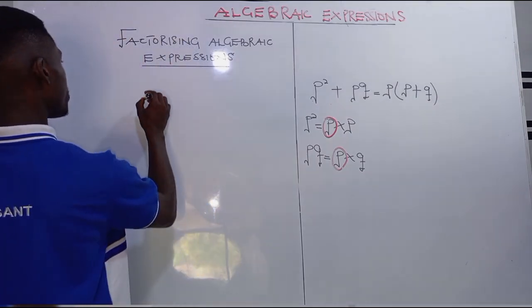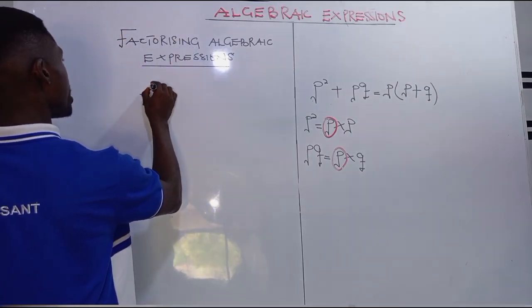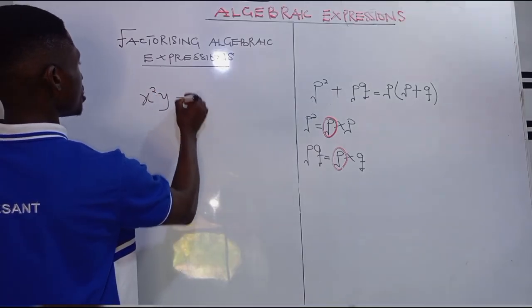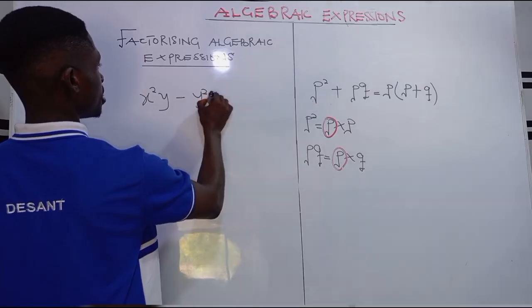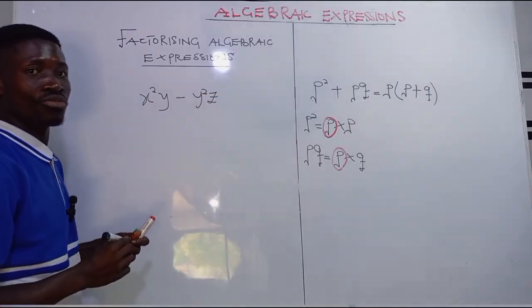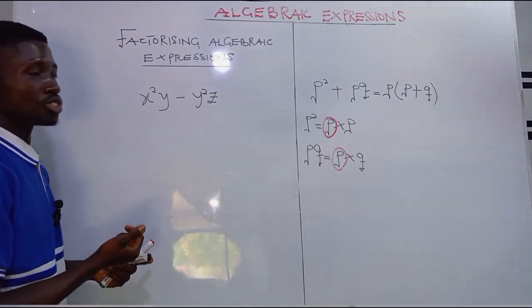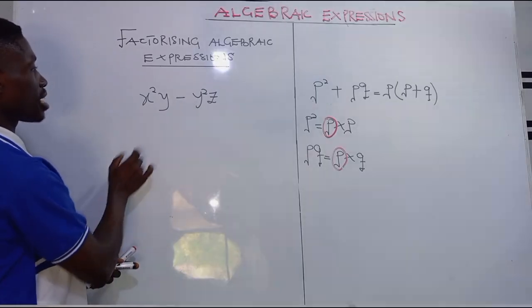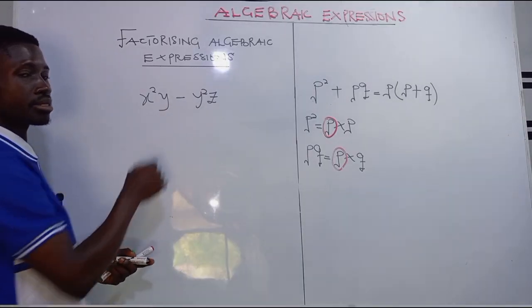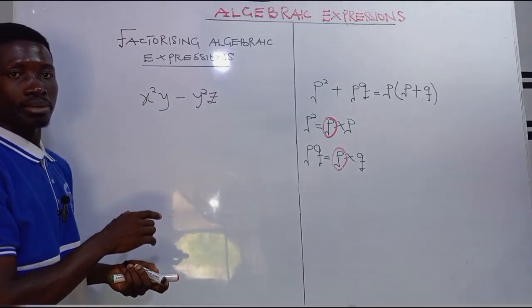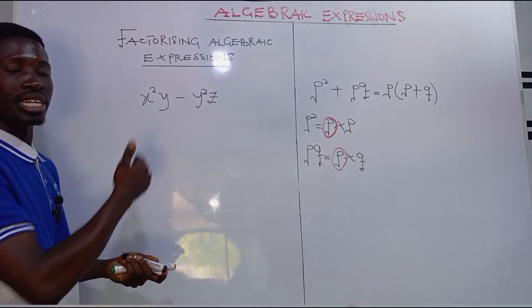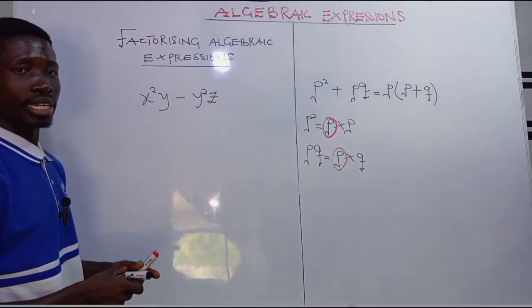Let's take it that you have s squared y minus, let's say, y squared z, and then we have to factorize. So what we are going to do is that we are going to find the factors of the individual terms. Then we find a factor that is common to these terms, and then we bring it out, and then write the rest in a bracket.